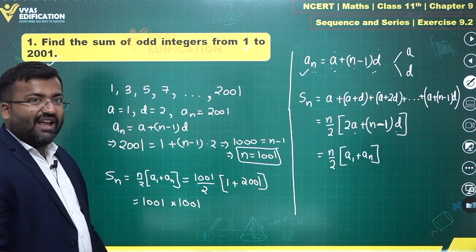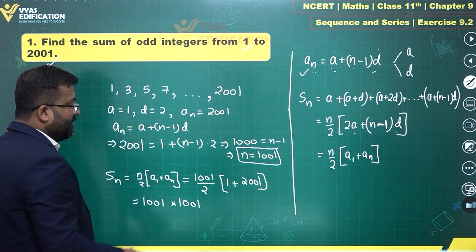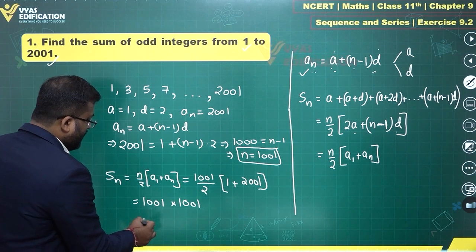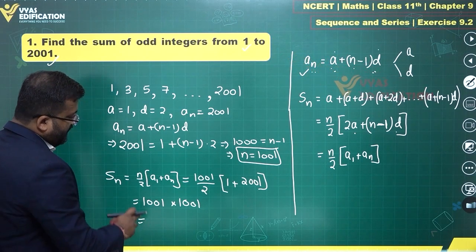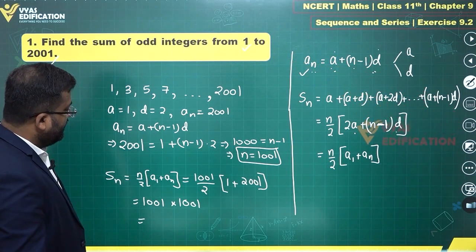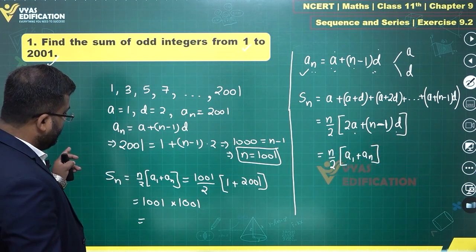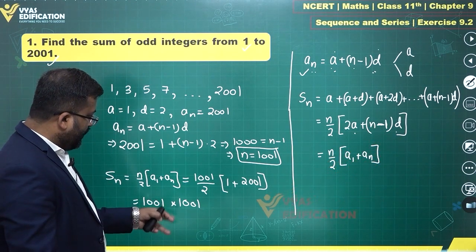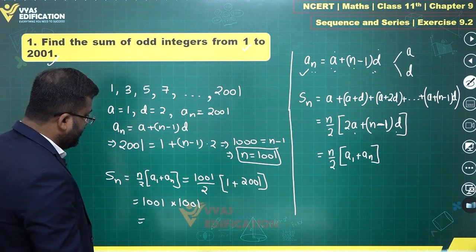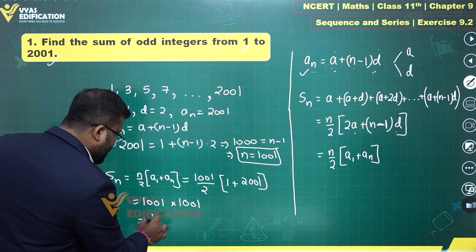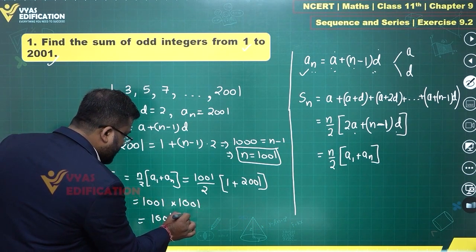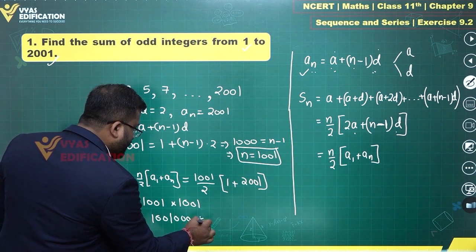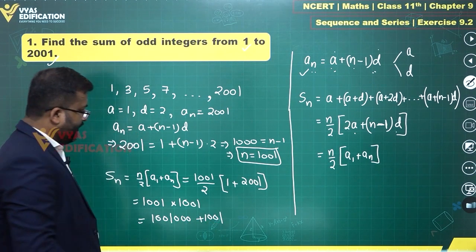Can you find that square easily? Yes. Just multiply them. So what does that take me? 1001, and then you have 0 and 0 being involved over here. So what you have over here is 1001000 plus 1001 is what you need, right?